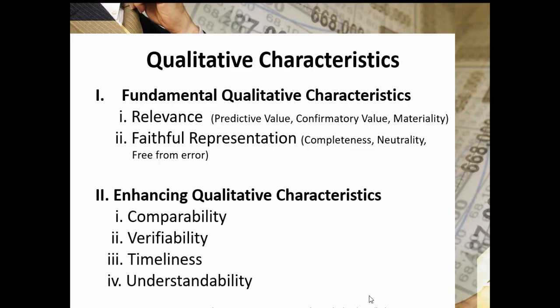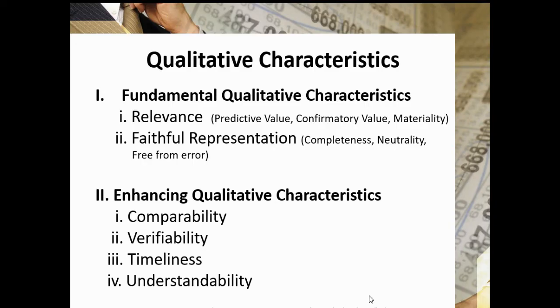Free from error means the information is not materially misstated. This does not mean, however, that accounting information must be perfectly accurate in all respects, because some accounting information necessarily needs to be estimated. So free from error means there are no errors in the description and in the process by which the information is selected and applied.